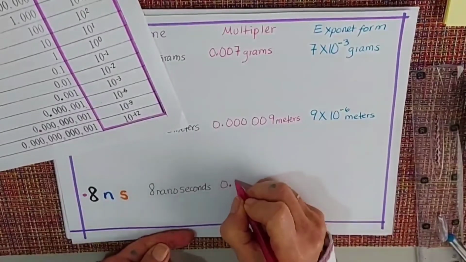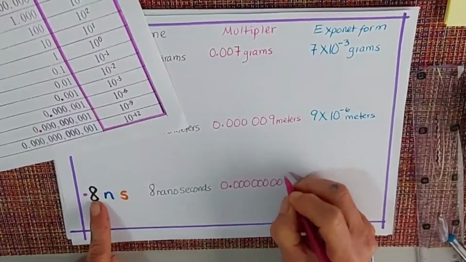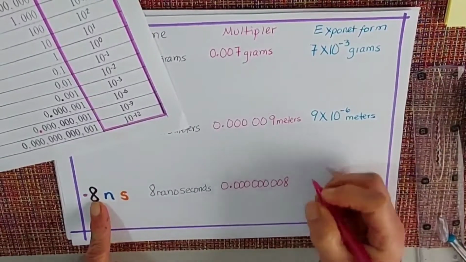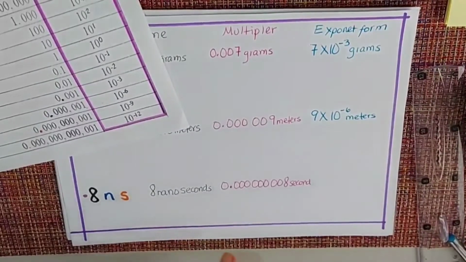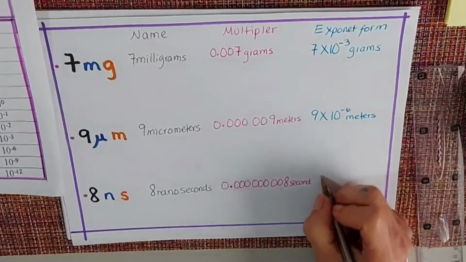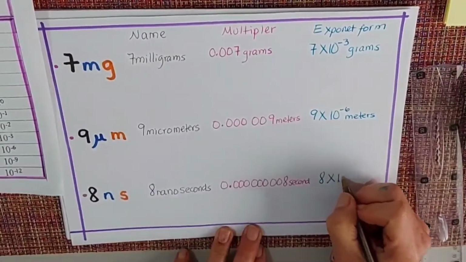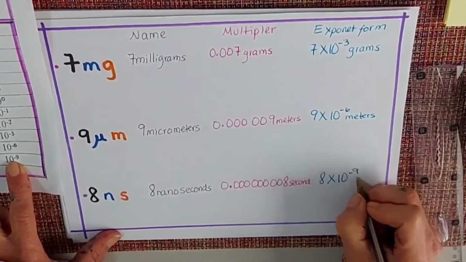And here we are going to write this number, and finally the unit. And in its exponent form is 8 times 10 to the minus 9 power seconds.